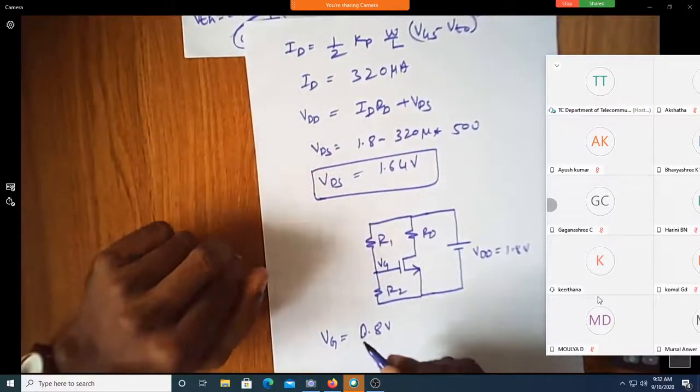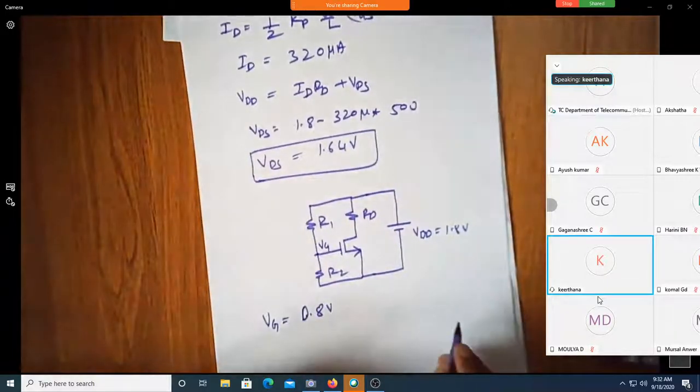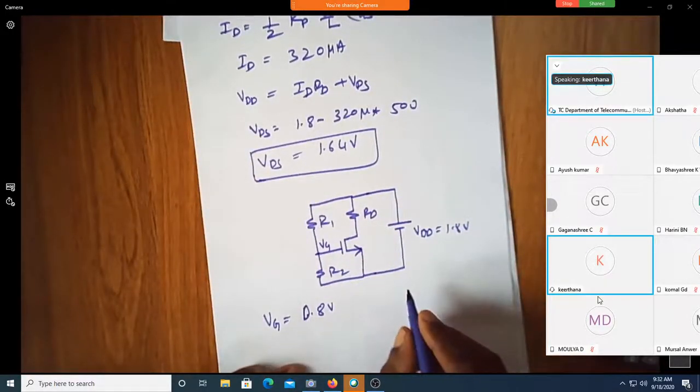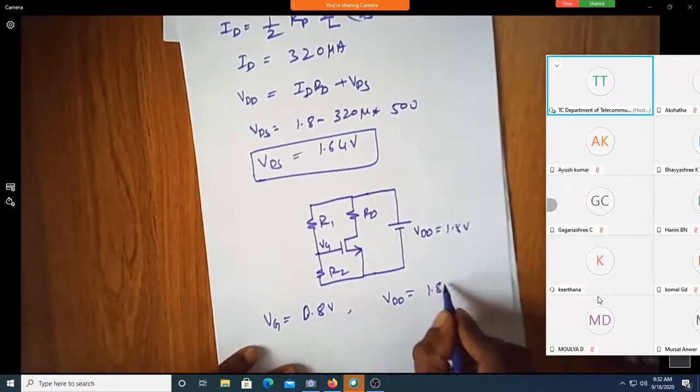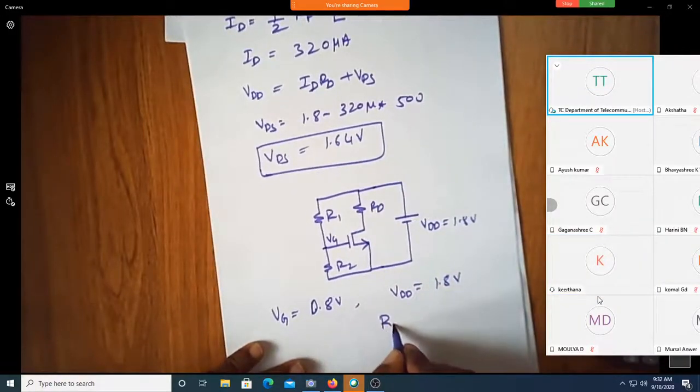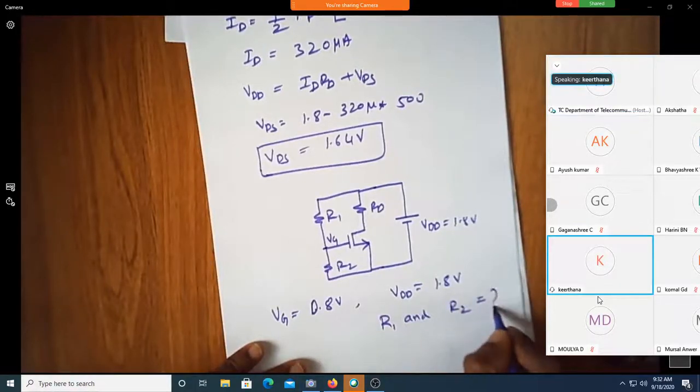Correct? Yes, sir. Okay. Now for this to be 0.8 volt, from VDD equal to 1.8 volt, what is R1 and R2?